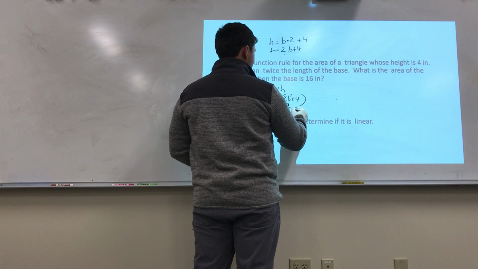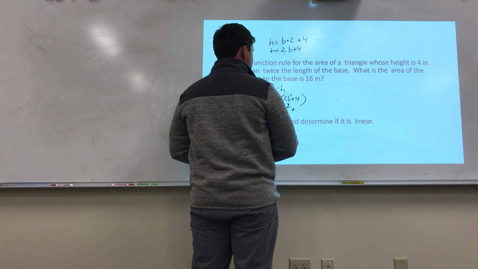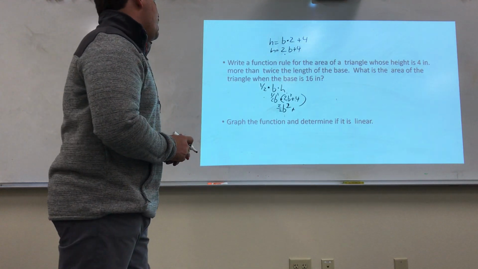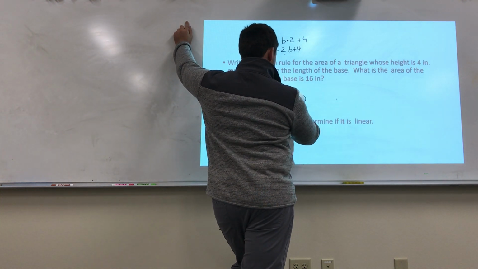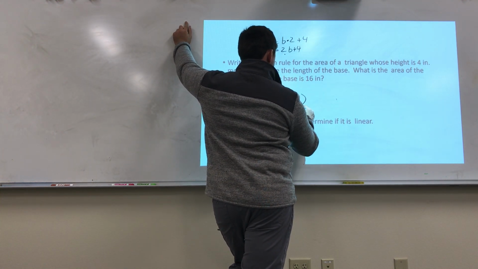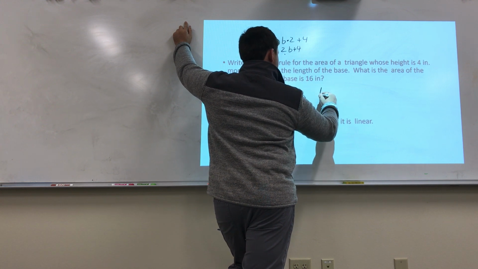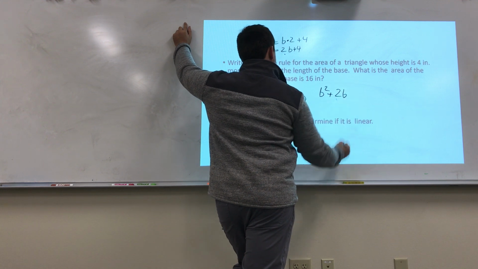Okay, you're going to take it times this, plus, actually, I don't even know if I have to be this accurate, but I'm going to do it anyway. So I'm going to distribute it here. I'm going to get 4 over 2b, which means I'm going to have b to the second plus 2b.